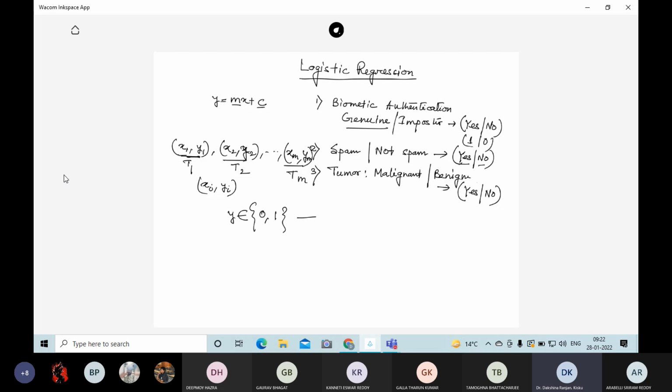So for binary classification we can assign these class levels either 0 or 1.